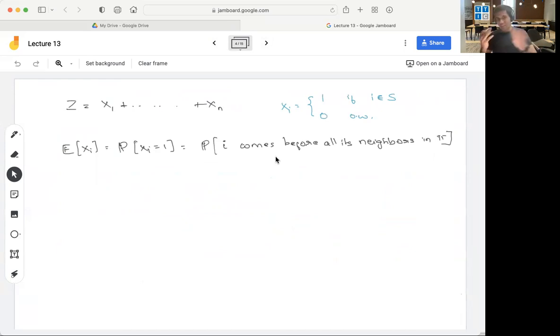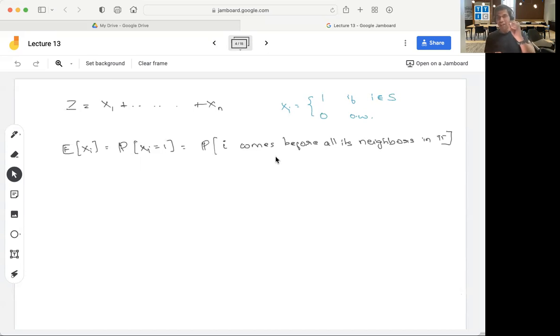Right. So we need to figure out precisely, or at least somewhat precisely, the probability of picking i. We defined this somewhat complicated process where we rule some things out, then pick the first one that is not ruled out and keep repeating this. But from the perspective of the vertex i, the analysis is very simple.